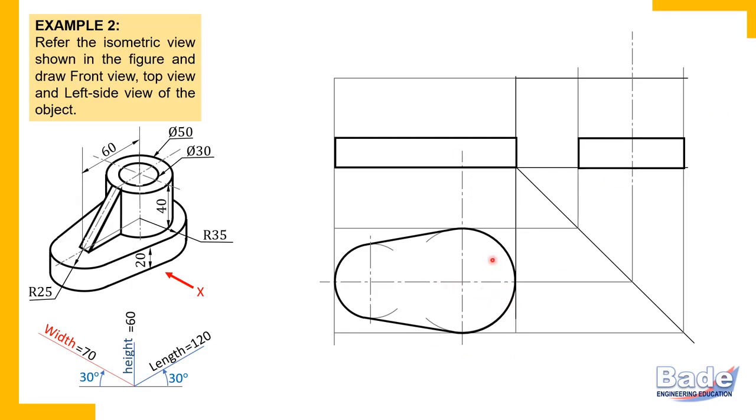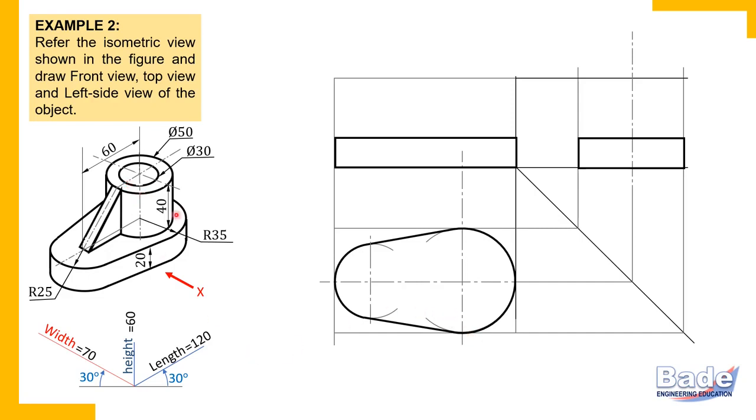But you will find that many times it is not possible to complete the front view of a given machine part independently. You will have to take help of the top view or side view to complete the front view. So it is always better to complete the three views simultaneously.